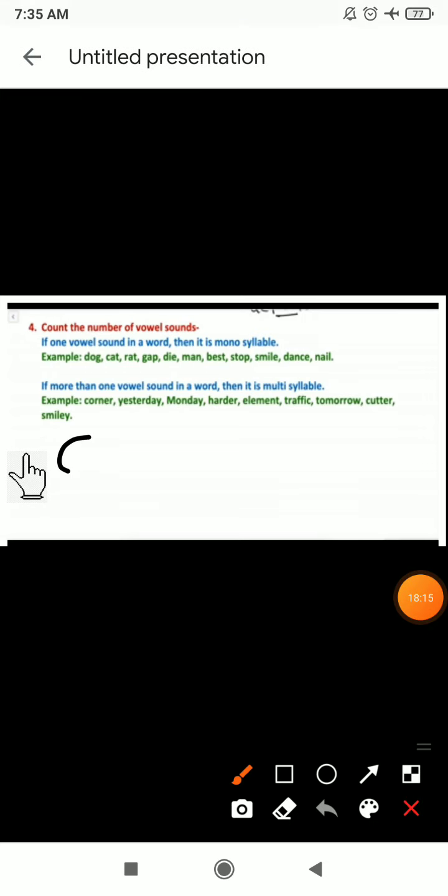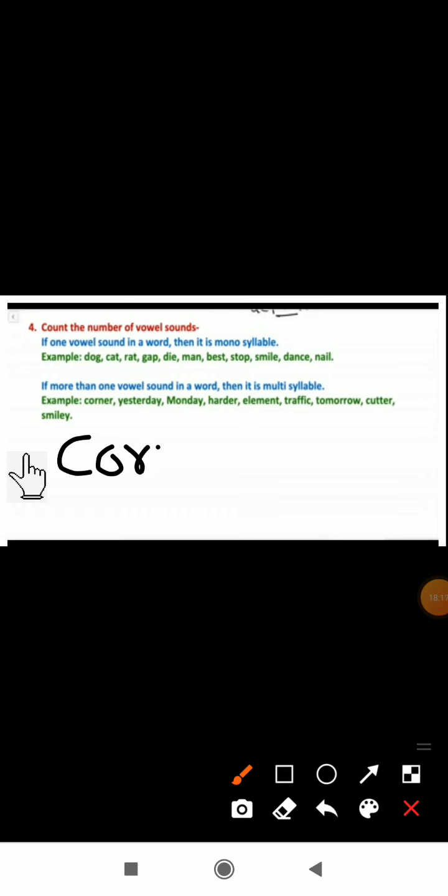Now what did they say next? If there is more than one vowel sound in a word, then it is multi-syllable. If it is only one, you can call that monosyllable. If more than one vowel sound in a word, then it is multi-syllable. Let's see one example. Here the word is corner. Find out the vowels first.